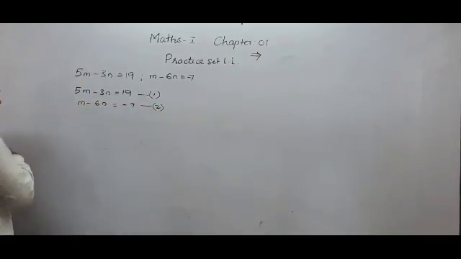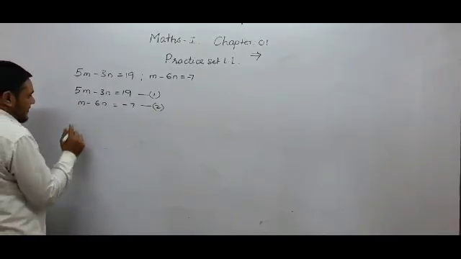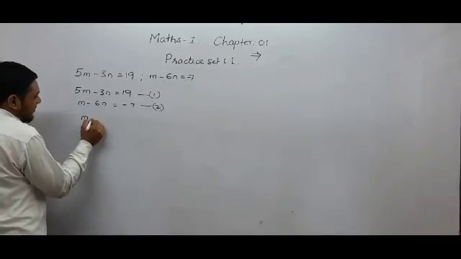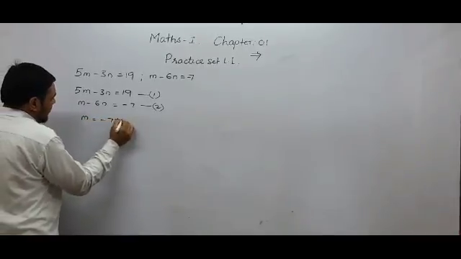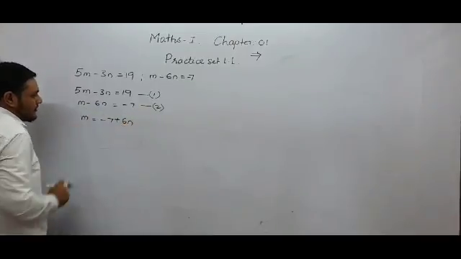So consider equation 2. We can write the value of m in terms of n. So this equation can be written as m equal to minus 7 plus 6n. This negative 6n will go to this side, it will become positive 6n.